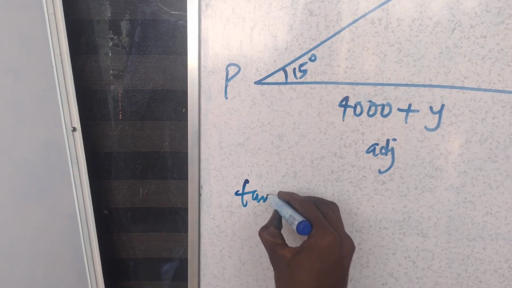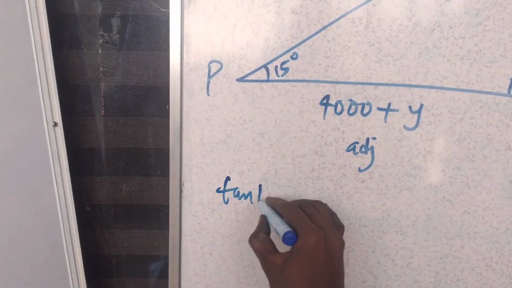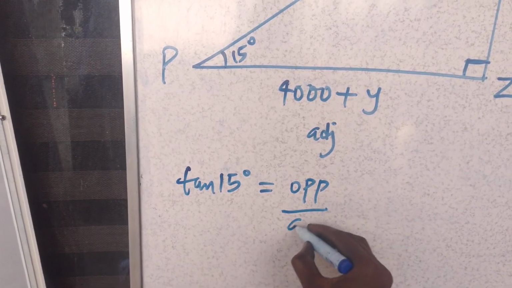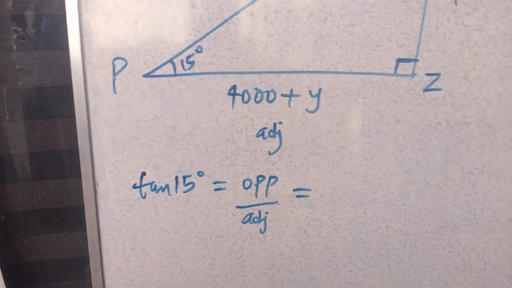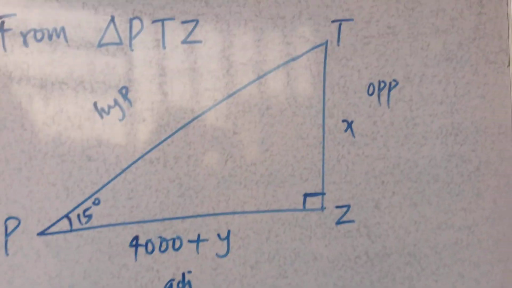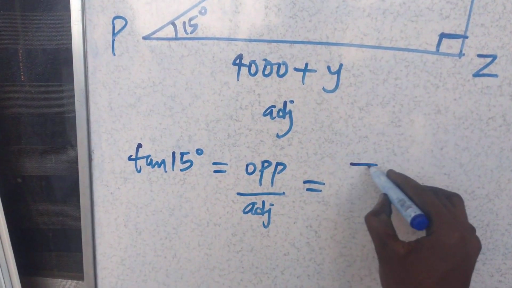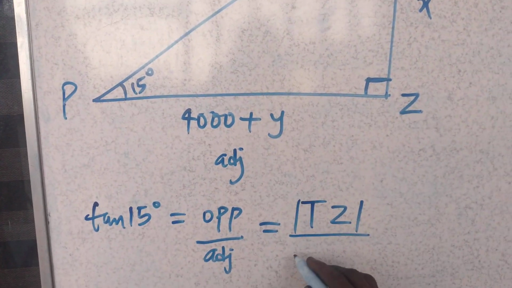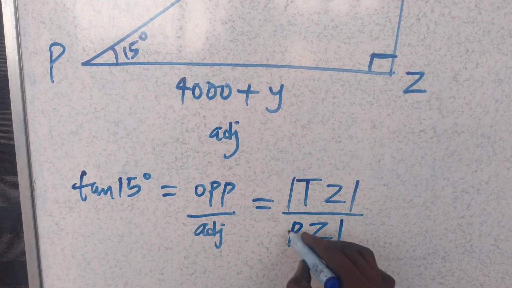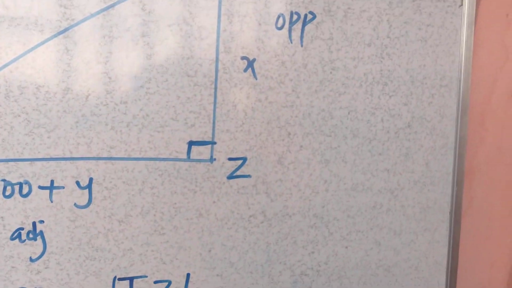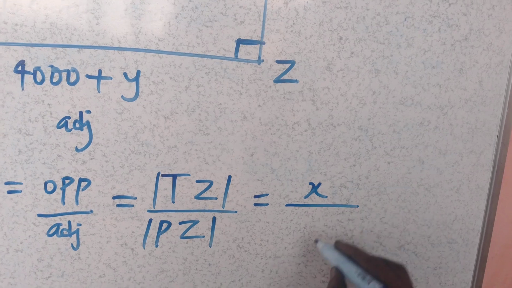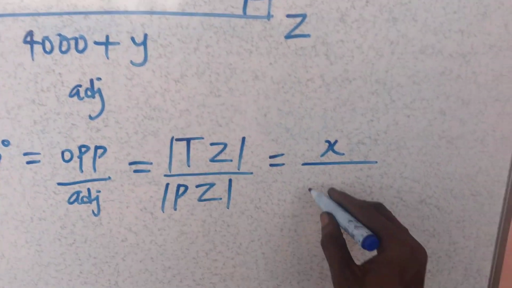I say tan 15 degrees is equals to opposite over the adjacent side. My opposite side is TZ over the adjacent side PZ. So distance TZ is X, and PZ is 4,000 plus Y.